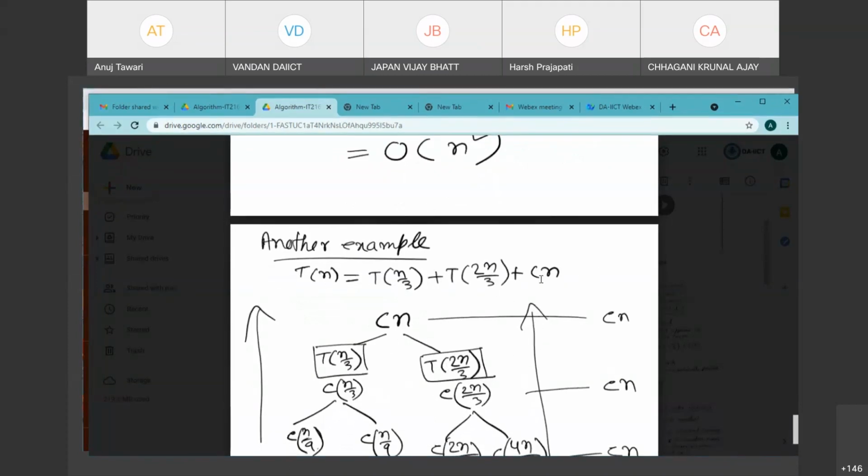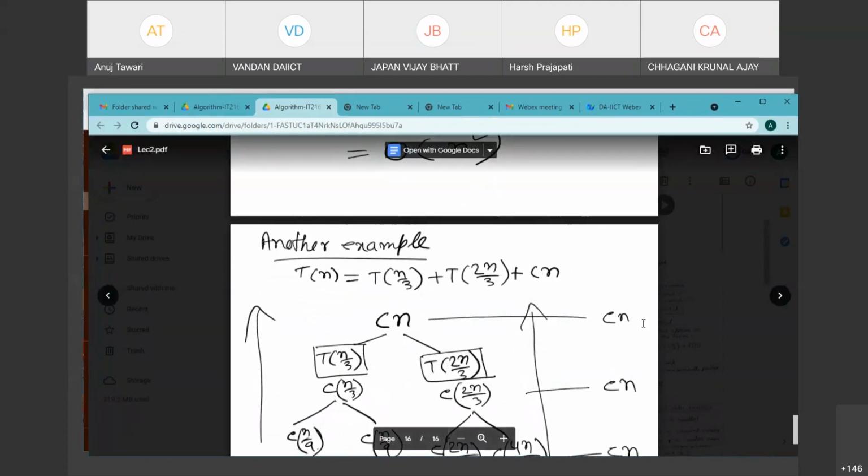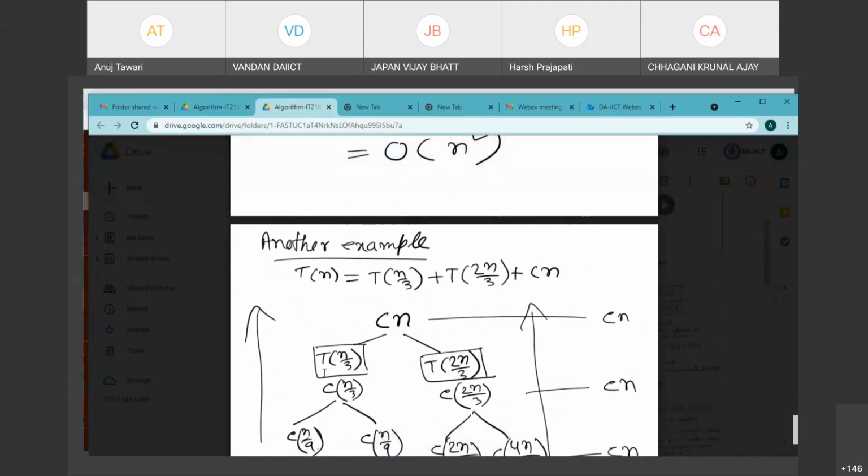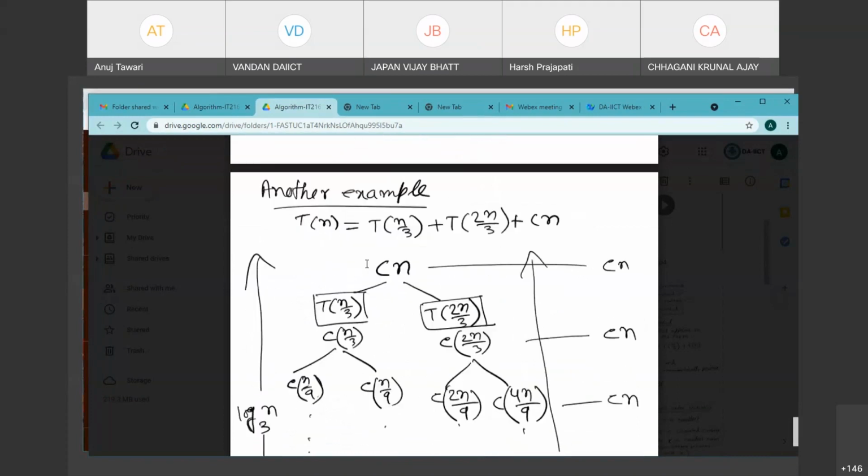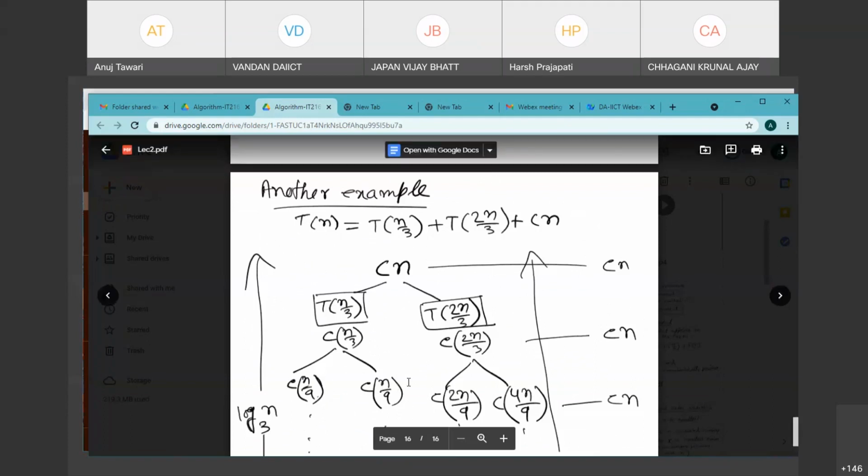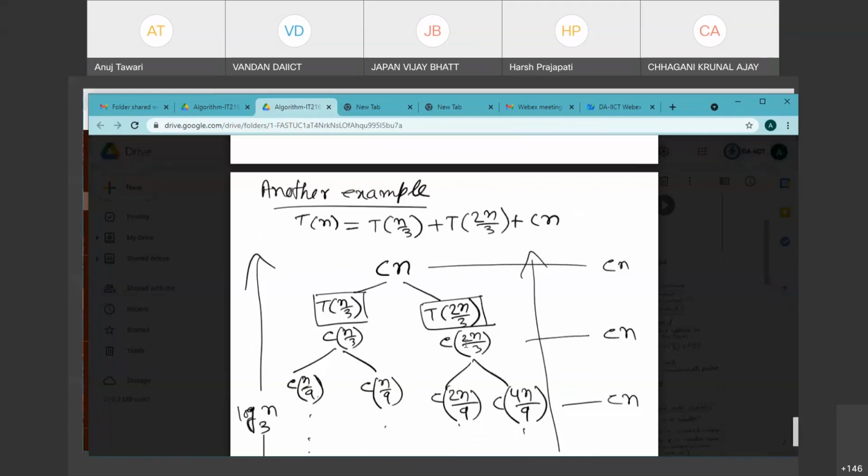So we wrote it as Cn. In the first step, we get Cn. So when you evaluate T(n/3) using this formula, you'll get Cn/3 and there will be some T(n/9) and T(2n/9). So from this step, you will get C times 2n/3.